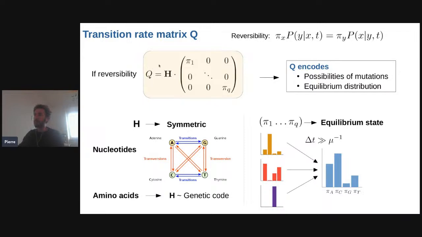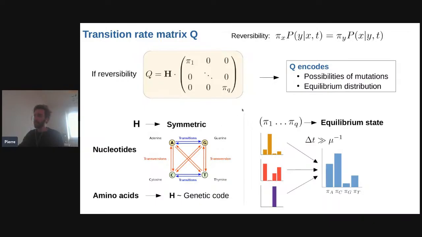If you describe a model that is time reversible, then you can always write your matrix Q as the product of a matrix that is symmetric, which I call H, and a matrix which is diagonal, which has pi terms, where small q is the number of states, with positive values that sum to 1.